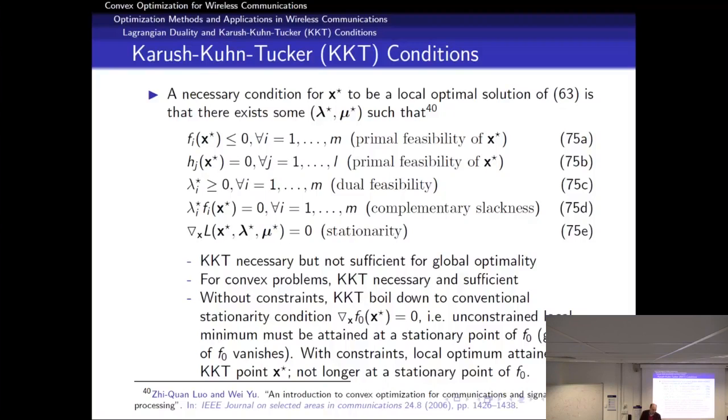So if you find a point that satisfies those conditions, and your problem is convex, you know that this will be the global optimum. But if your problem is non-convex and you solve this, you say, well, yeah, it may be a local optimum, but I cannot guarantee that this is the global optimum. It's needed for global optimality, but it's not sufficient.